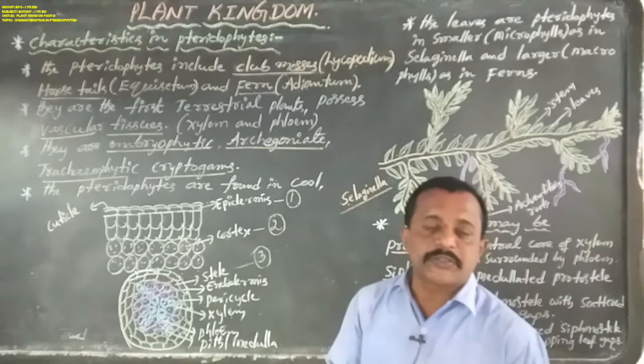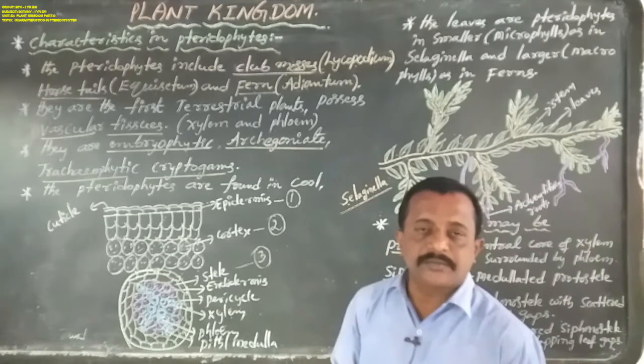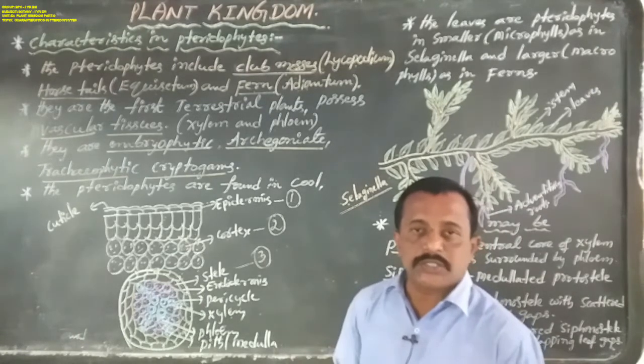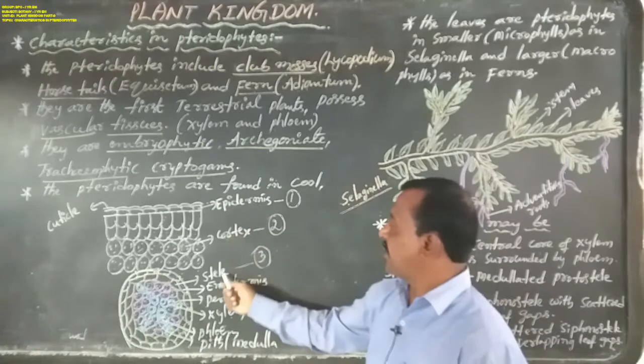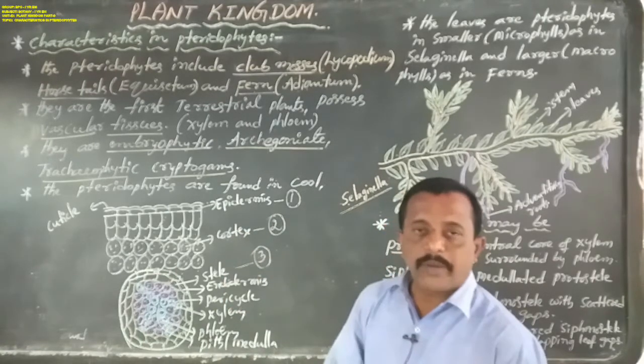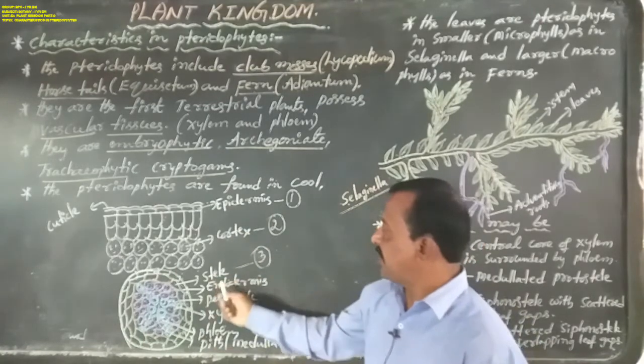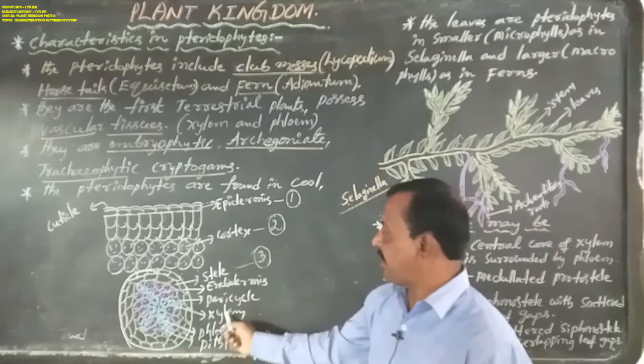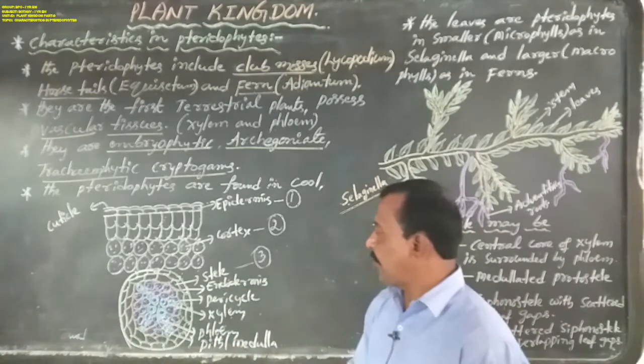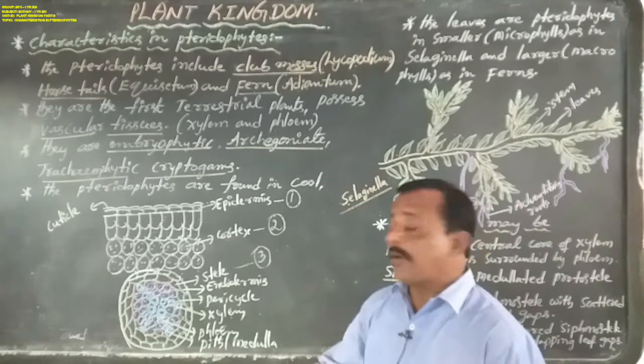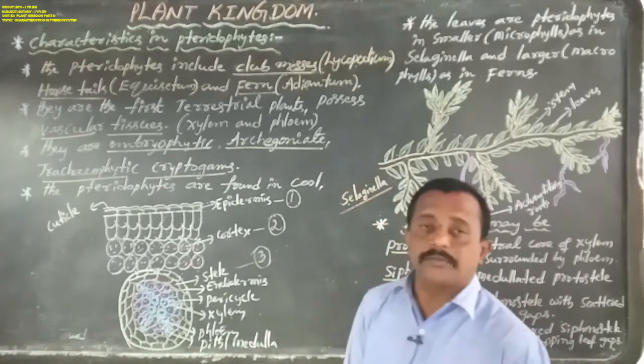Dear students, in pteridophytes, the internal stem shows epidermis, cortex, and stele. This stele consists of endodermis, pericycle, xylem, phloem, and pith or medulla. The important ones here are xylem and phloem.